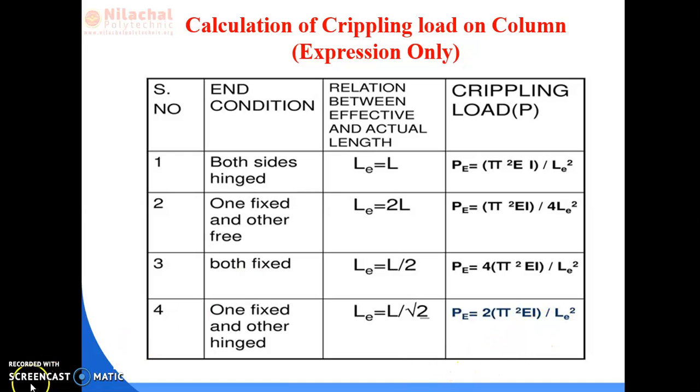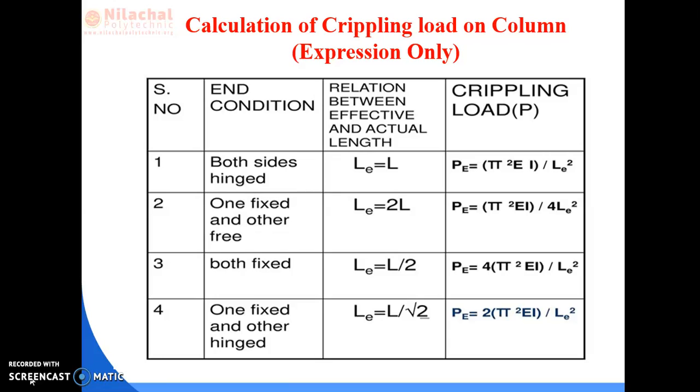In this way we are completing chapter number 6. In this chapter we have studied that due to an eccentric load, a bending stress is produced, so we studied combined bending and compressive stress. Second is the types of column: long column, short column, and intermediate column.